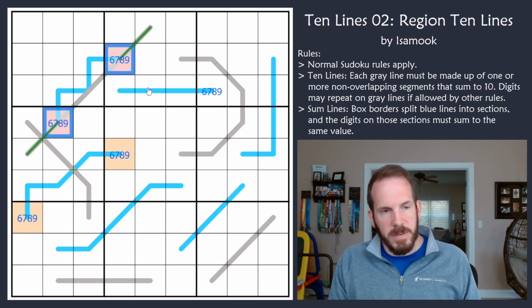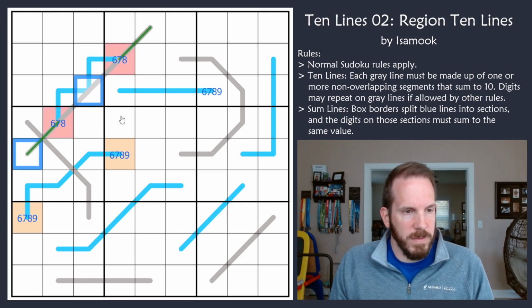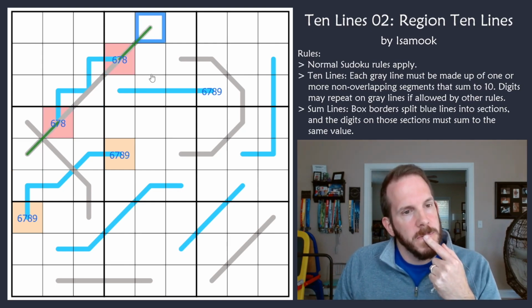And the only way it's going to be 8 is if these are both 1s, for example. You can have 8, 1, 1 and have it sum to 10. And then this would be 8, 2. I think that's still possible.